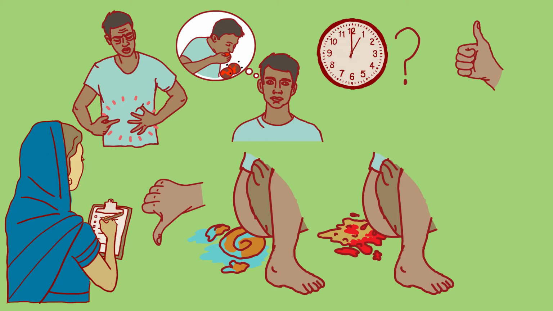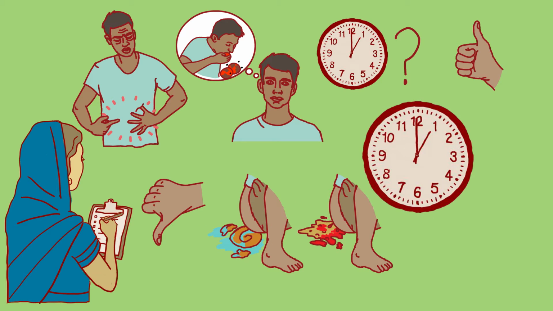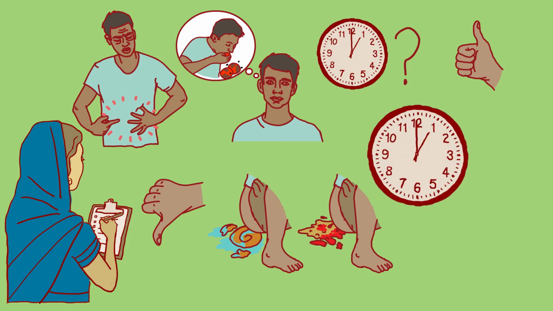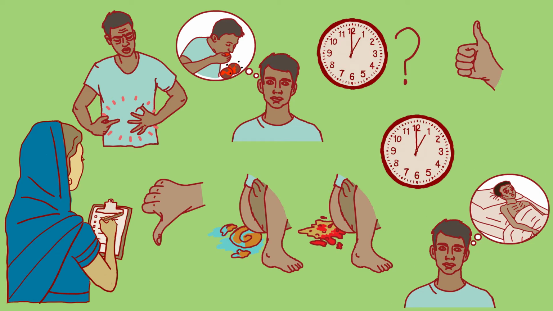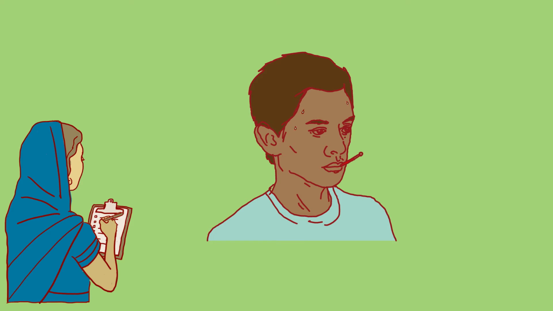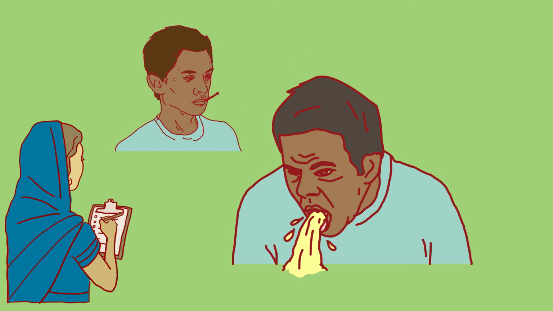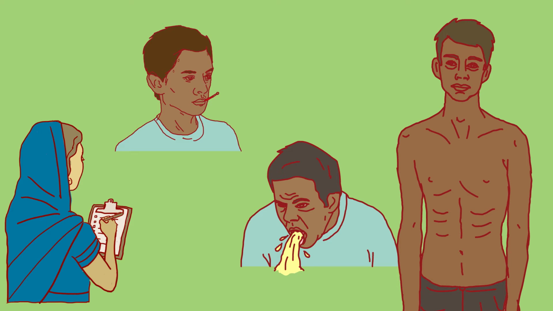Does it have blood or mucus? How many times a day are you having diarrhea? Have you been around anyone else who has been sick with the same symptoms? Are there other symptoms like any fever, any nausea or vomiting, any unexpected weight loss?